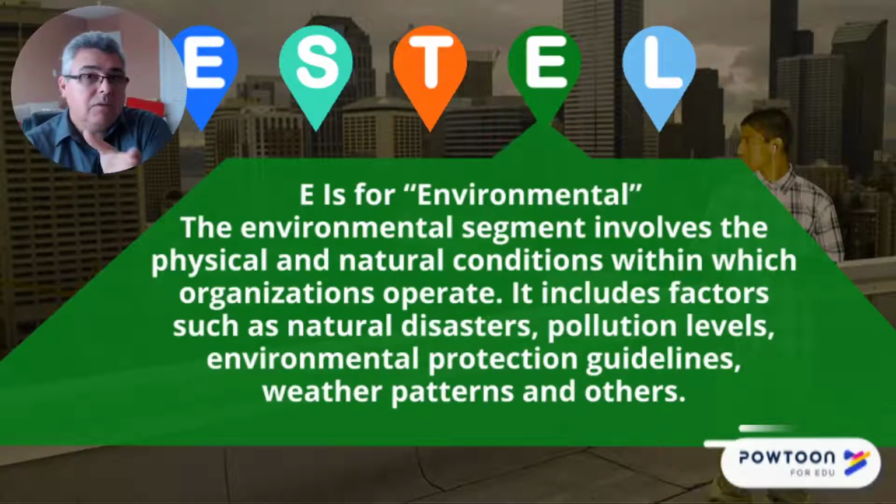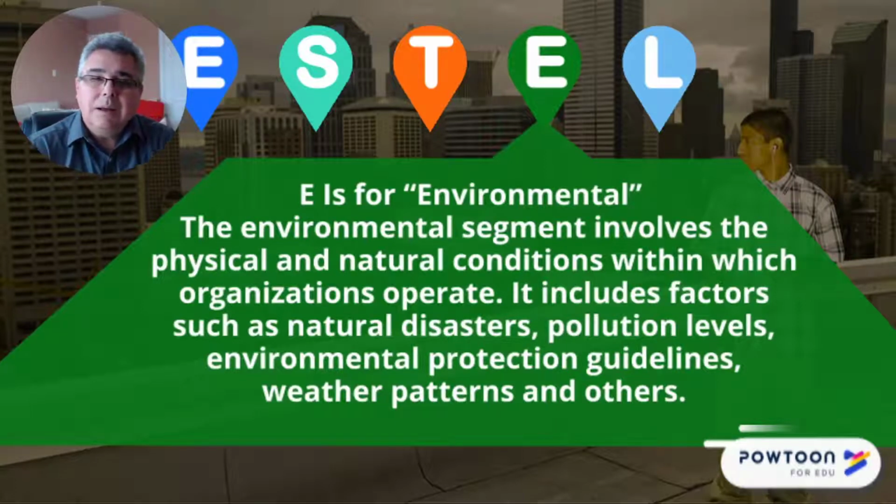And if you are in a region with a lot of pollution, it's not a healthy environment to conduct business. So the E of environment is very important nowadays. And I think in the future as well it will be one of the most important aspects of the PESTLE analysis.